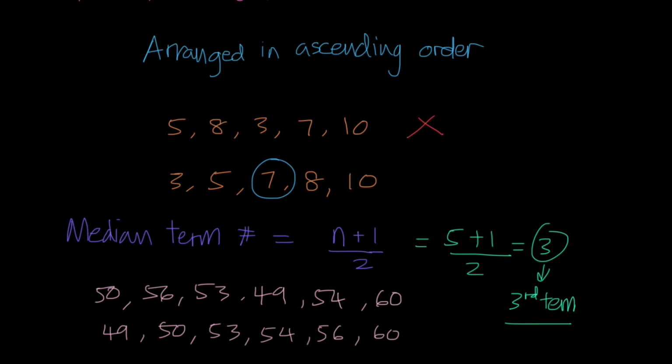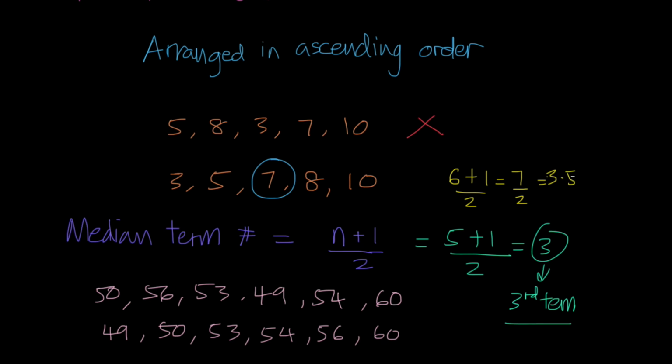Okay, now that we have it in ascending order, we need to find out which term would be the median. And to do that, again, I use n plus 1 over 2. Here I have 1, 2, 3, 4, 5, 6 numbers. So that would be 6 plus 1 over 2. That is 7 over 2. And here you see that there is a problem. 7 doesn't divide by 2, so it shows that what we're going to have is a decimal.